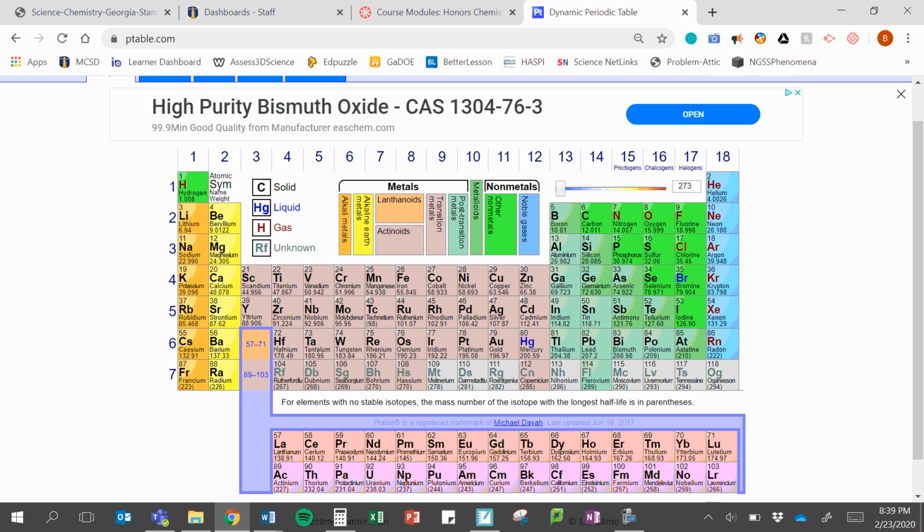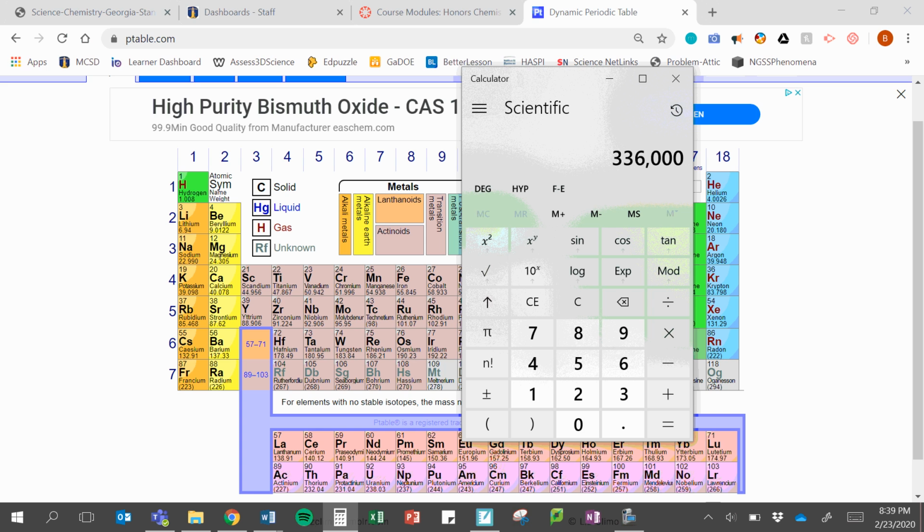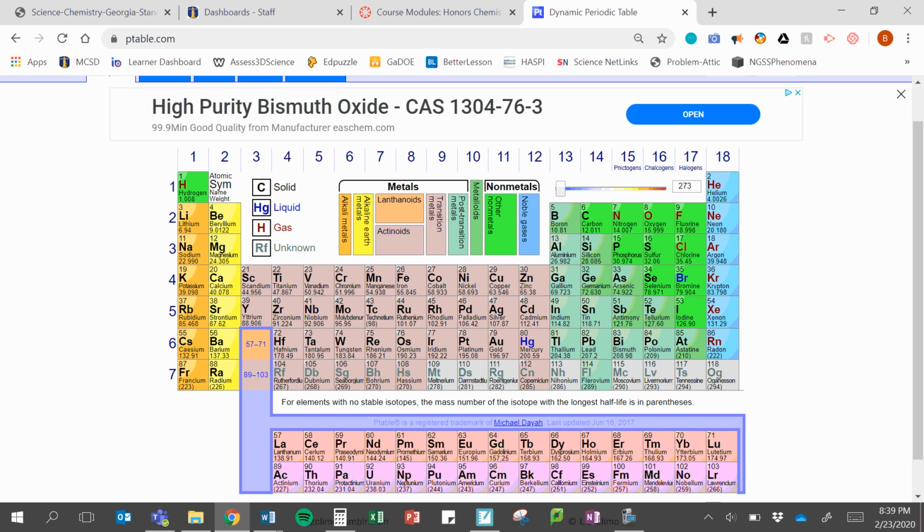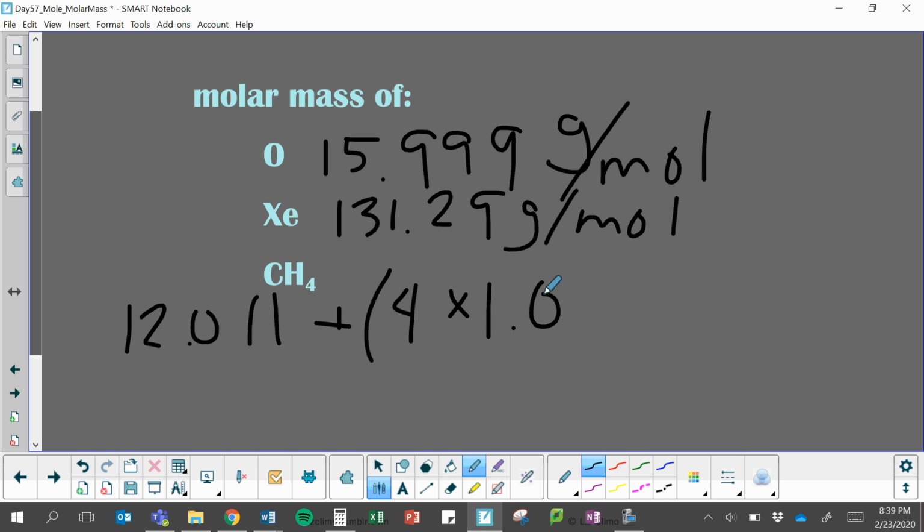So carbon, first we look, is 12.011, plus our hydrogen, and we see that there are actually 4 hydrogens, so we multiply 4 by our mass for hydrogen, which is 1.008. There's a couple ways you can do this.